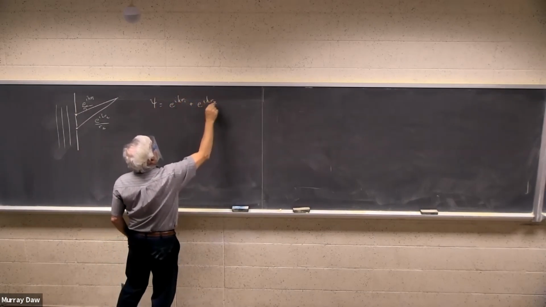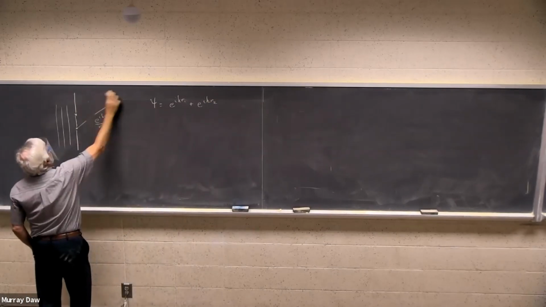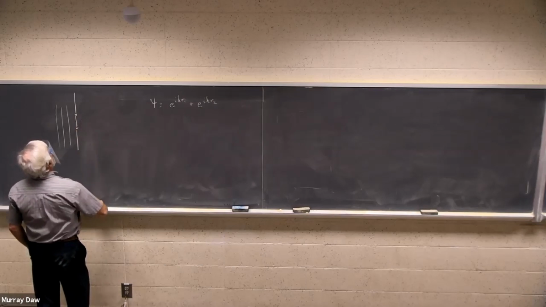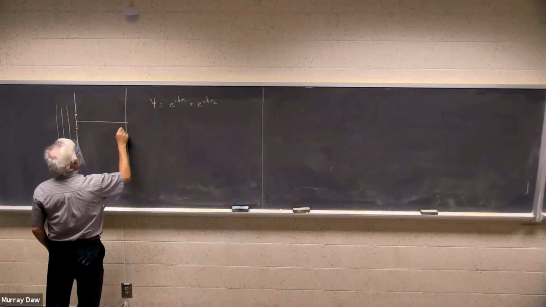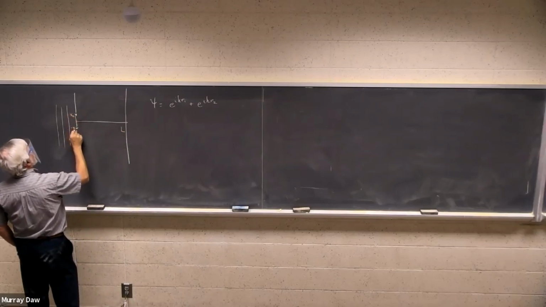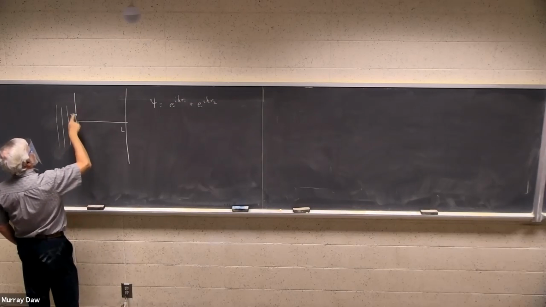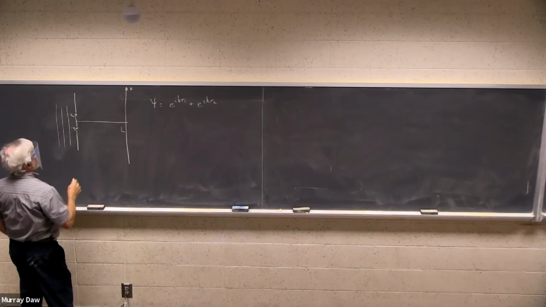Let's take a look at the interference between these two terms. We have the screen over here at some distance L, and I think I said the point sources are at some distance plus and minus x naught in the x direction.